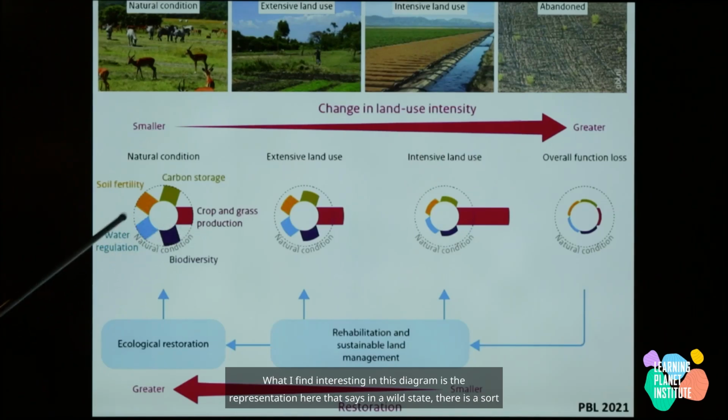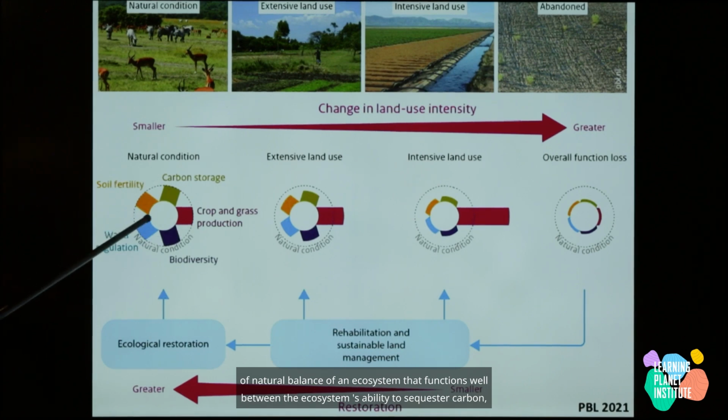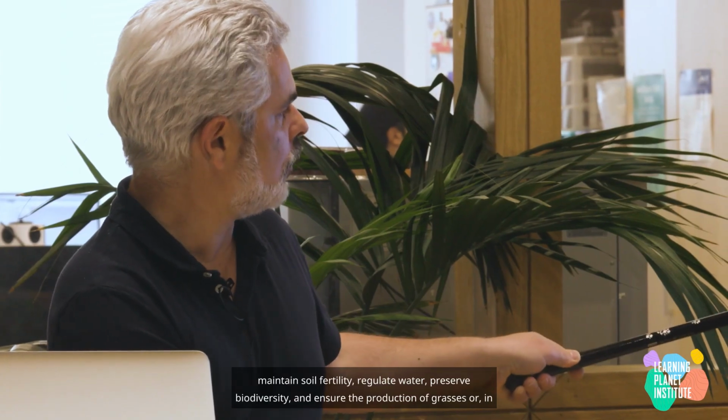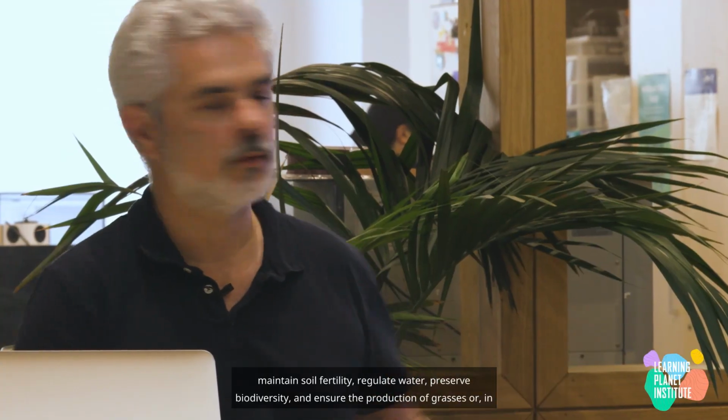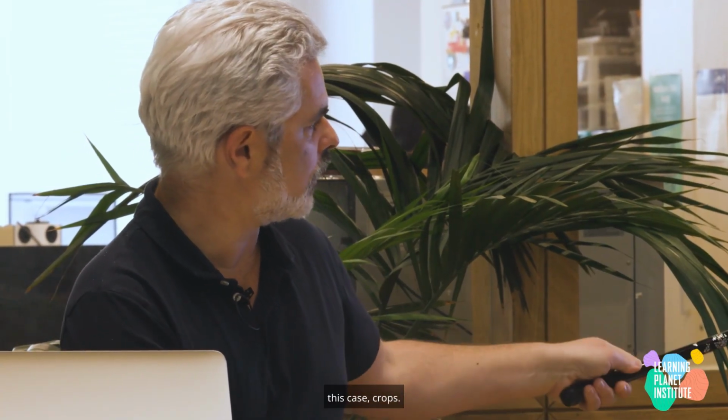What I find interesting in this diagram is the representation here that says in a wild state there is a sort of natural balance of an ecosystem that functions well between the ecosystem's ability to sequester carbon, maintain soil fertility, regulate water, preserve biodiversity, and ensure the production of grasses, or in this case, crops.